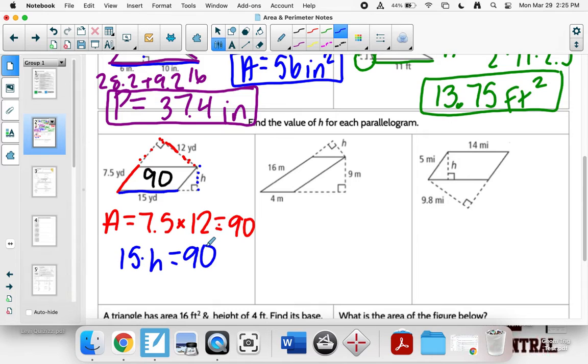Divide 15. Divide 90 by 15. So 90 divided by 15 is how much? 6. So our height is 6 yards. So we're really just matching two numbers, setting that equal to the other two things multiplied together.